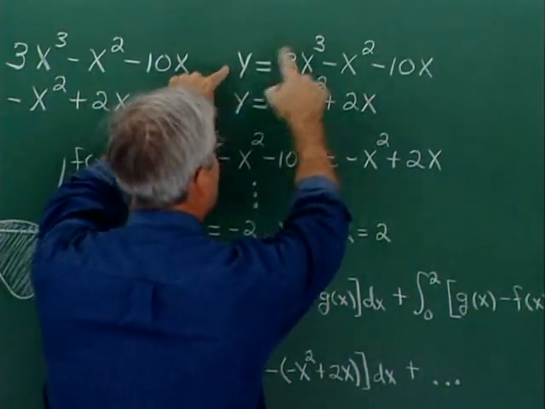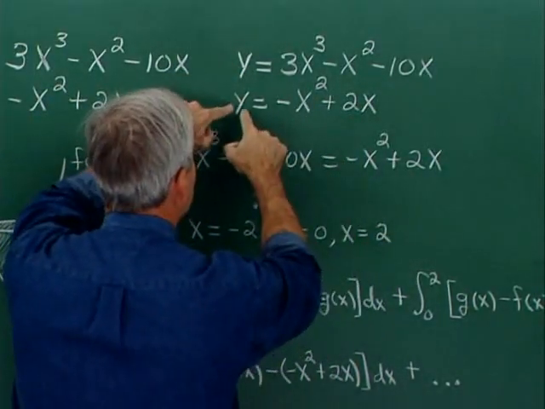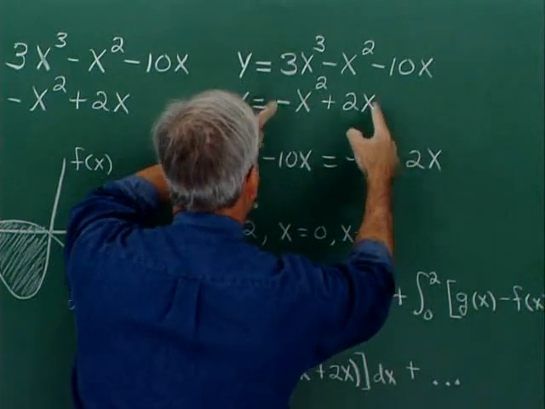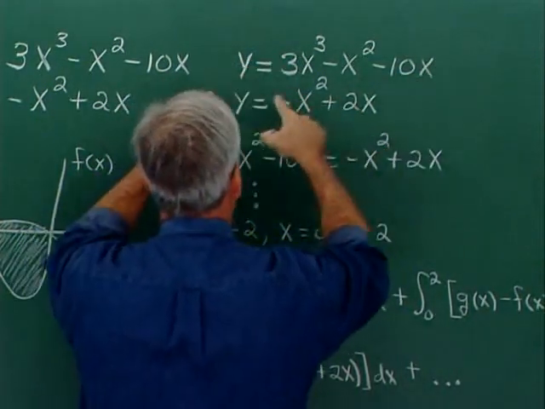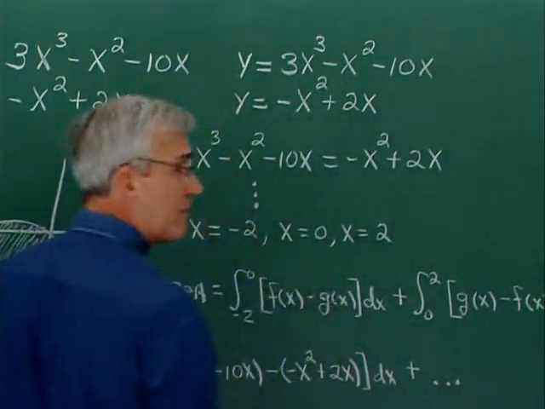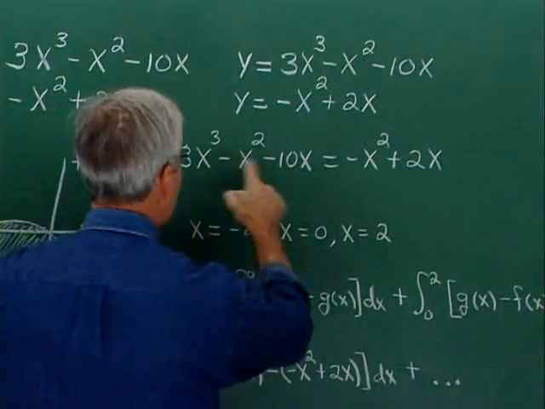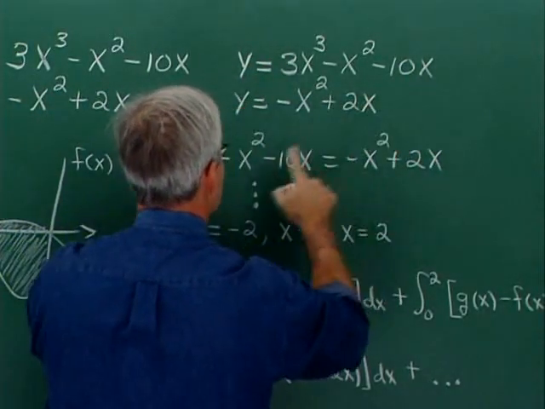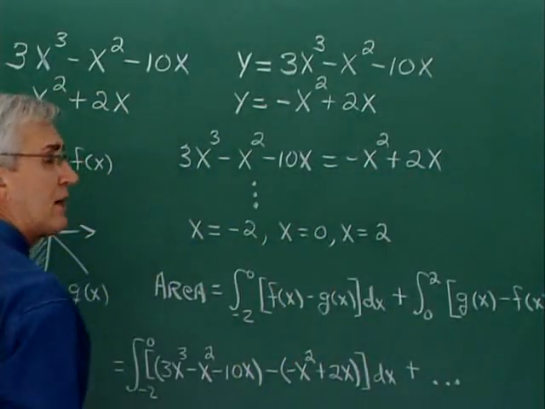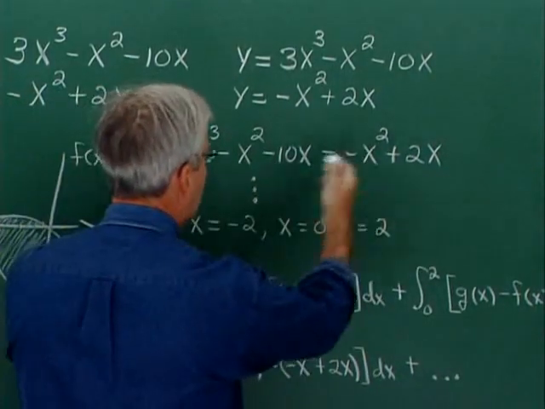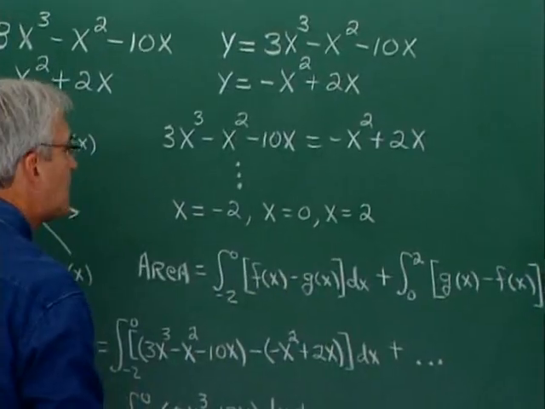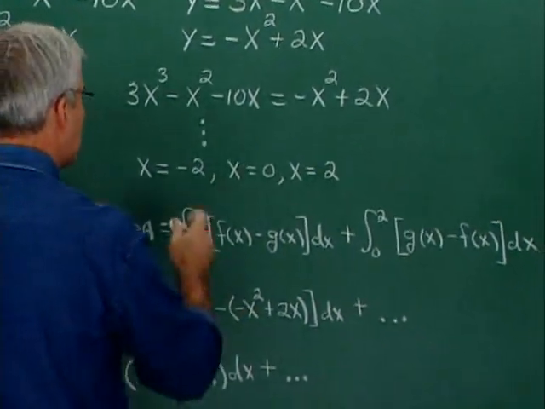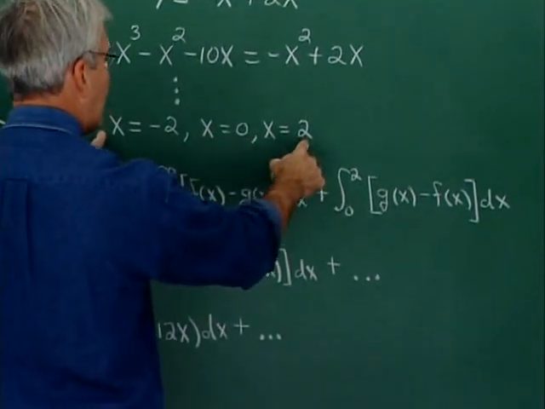Well, they're both solved for y. So we can just put this y expression in place of that one, or this y expression in place of this one. Doesn't make any difference how you look at it. It all comes out in the wash. So you're setting these two expressions equal to one another and solving for x. Now, it turns out that this drops out rather nicely. It's easily factorable, and the zeros are found to be -2, 0, and 2.